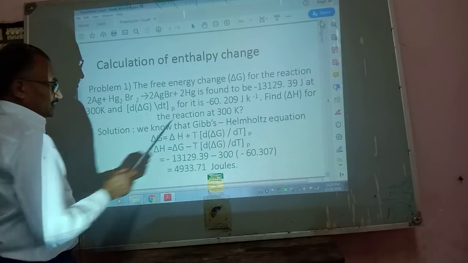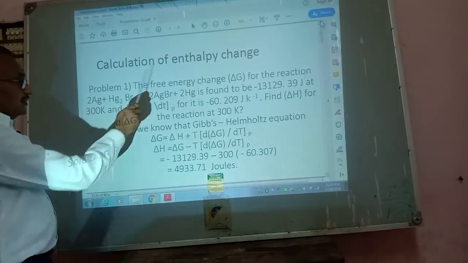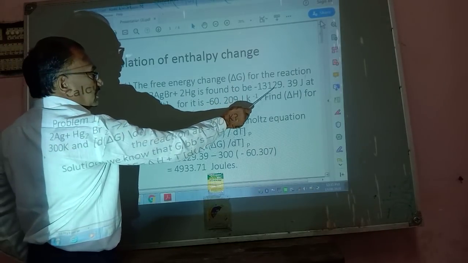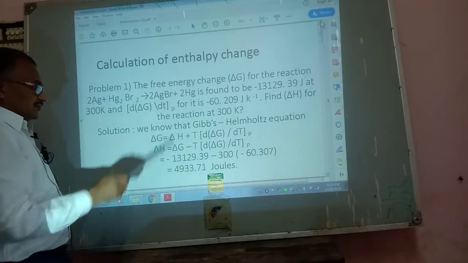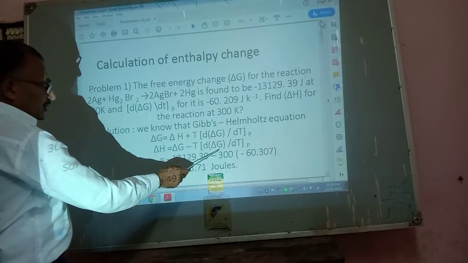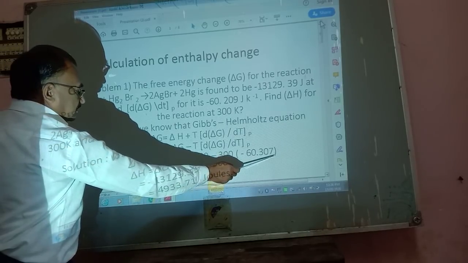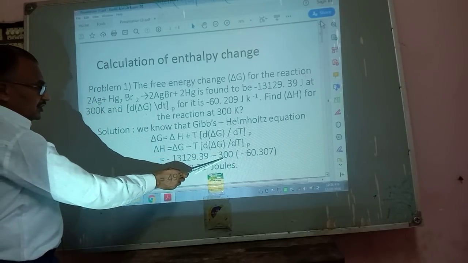Now here we are given the value of delta G, which is minus 13,129 joules, and the value of d(delta G)/dT is minus 60.307, and the temperature is 300 absolute.